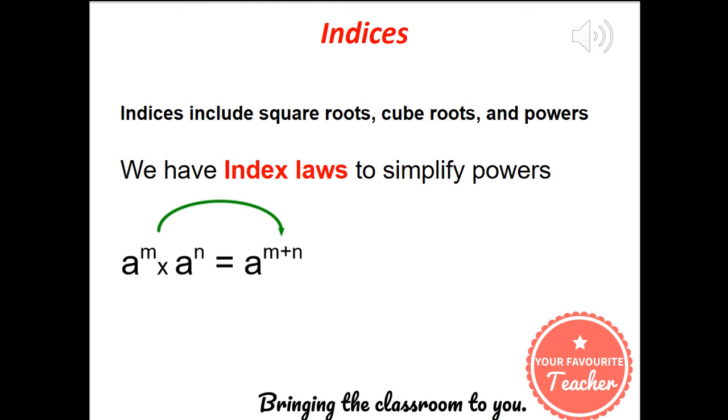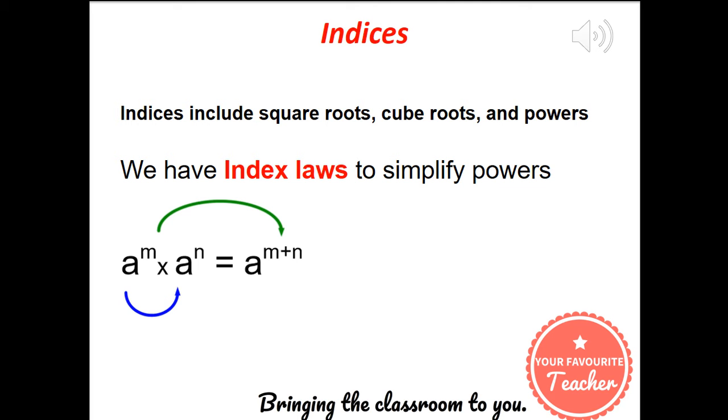The second thing I want us to notice is that we must have the same number that we have powers of for this to actually work. And the result is the same number, in this case a, to the power m plus n.